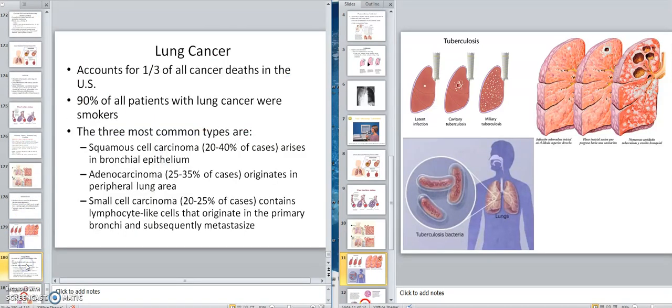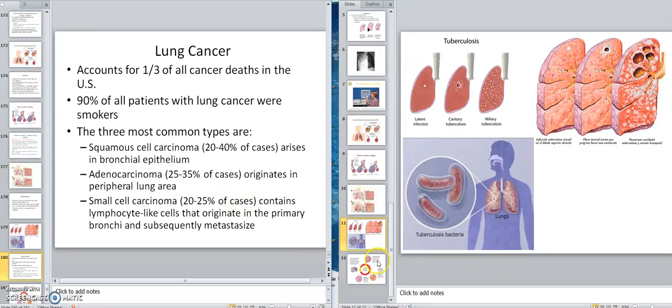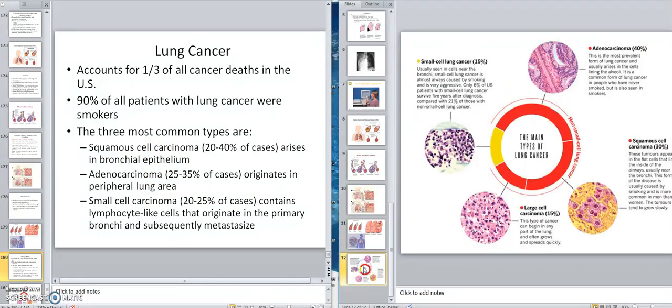Talked about that. Now, lung cancer, there are three basic types of lung cancer: the squamous cell carcinoma, the adenocarcinoma, and the small cell. Okay, here's kind of a look at those. The squamous cell carcinoma arises in the bronchial epithelium. You can see here, it arises in the bronchial epithelium. The adenocarcinoma originates more in the peripheral areas.